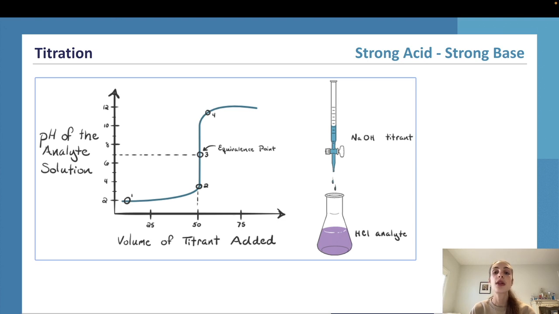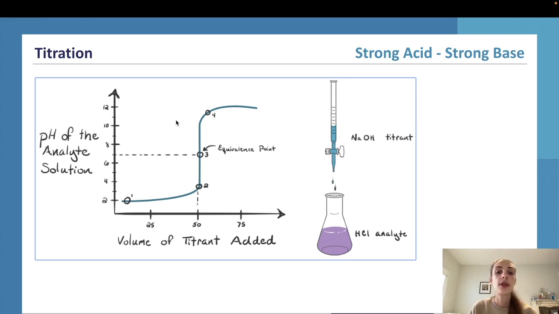This is because with a strong acid and a strong base, they both are assumed to dissociate to a full extent. So there should be a large amount of hydrogen ions produced when the hydrochloric acid dissociates, and a large amount of hydroxide ions produced. And we assume that those are about equal.